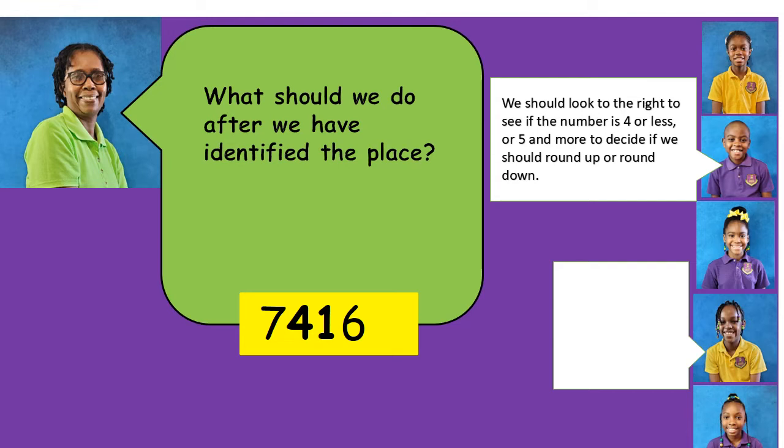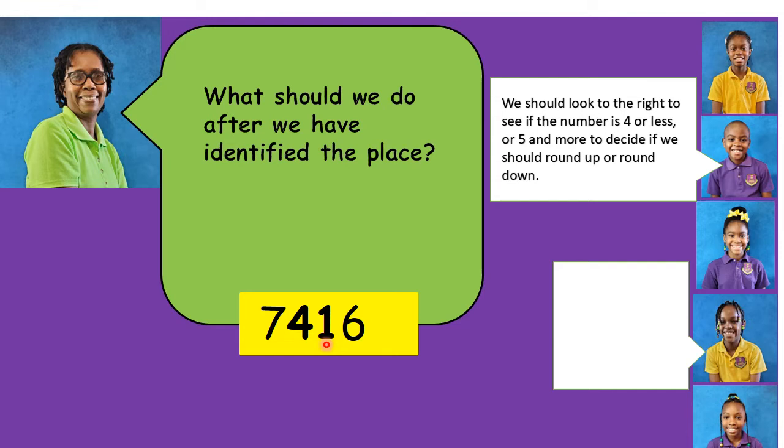In this case, we are going to be looking at rounding off to the nearest 100 first. So we have found the digit in our hundreds place, and we should look to the right to see if the number is 4 or less, or 5 or more.